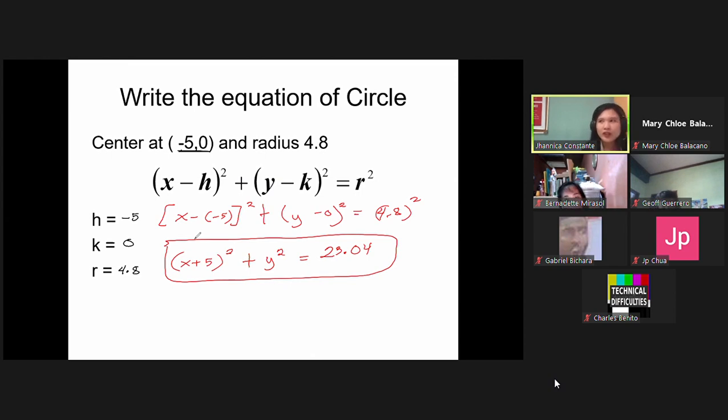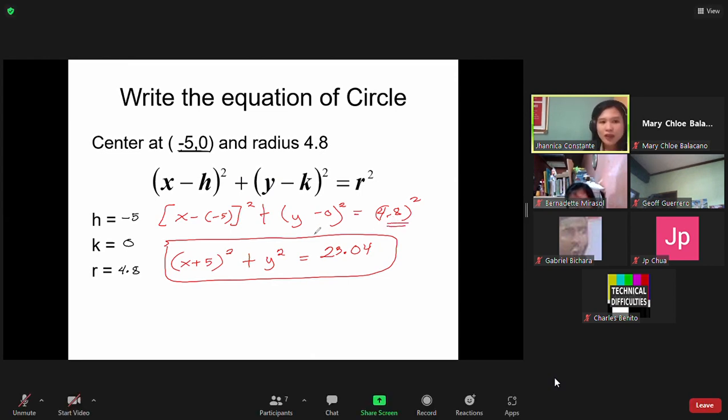More on writing the equation of a circle, the one that you're simplifying is just the radius. But x minus h squared and y minus k squared will remain as themselves inside the parentheses with a square exponent. You're just simplifying the radius when writing the equation of our circle.